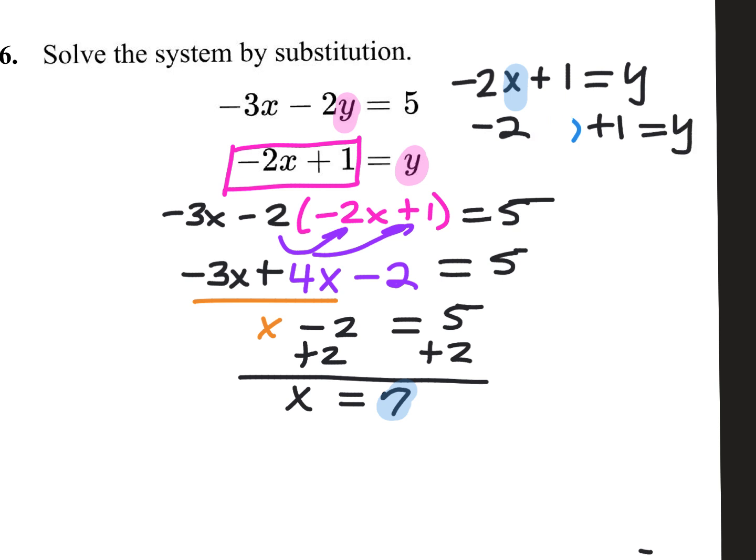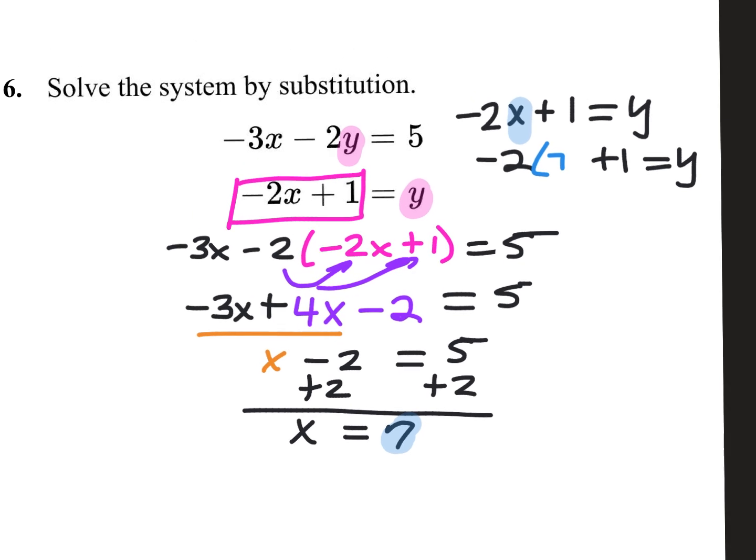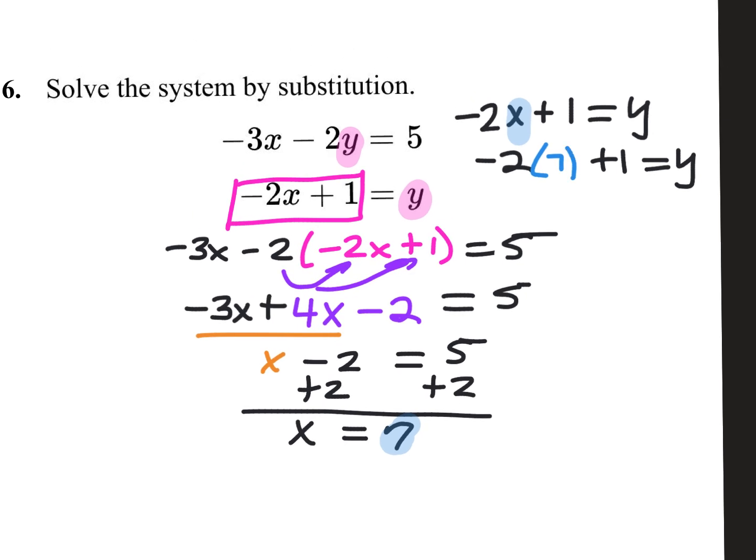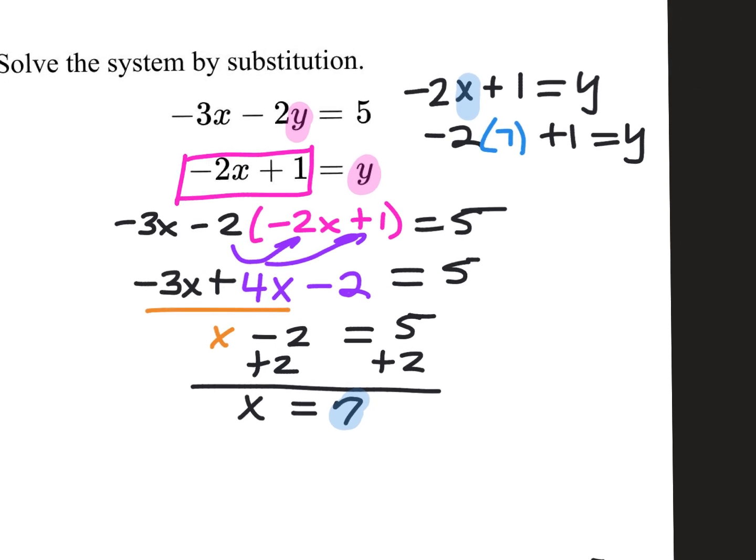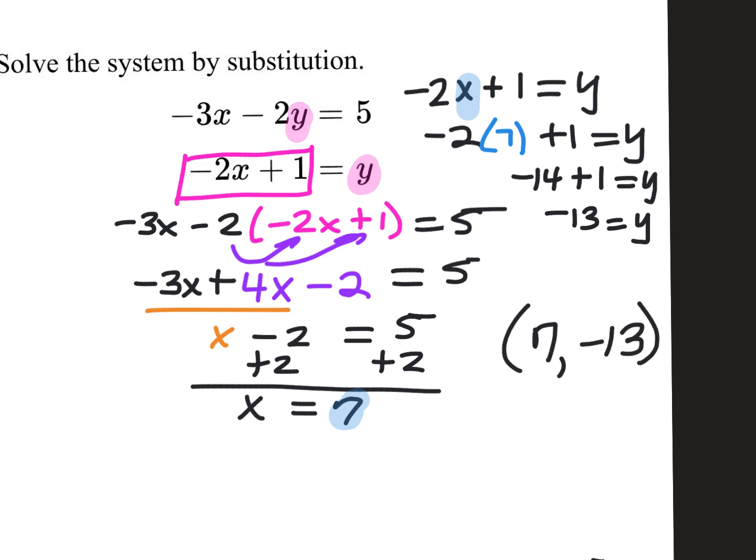That's a really ugly 7. Let me fix that. So negative 2 times 7 is negative 14. Negative 14 plus 1 is y, which means that y is equal to negative 13. So our solution is 7, comma, negative 13.